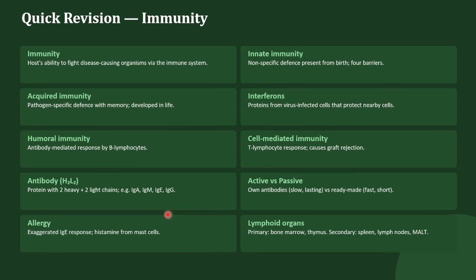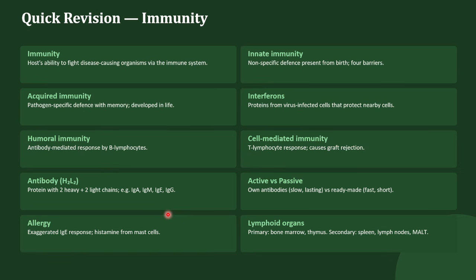Which cells produce antibodies? B lymphocytes. Which cells mediate CMI? T lymphocytes. The antibody structure is H2L2. Active immunity means the body produces its own antibodies, and passive immunity means ready-made antibodies are received. Which antibody is associated with allergy? It is IgE.